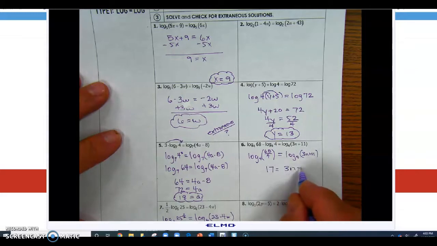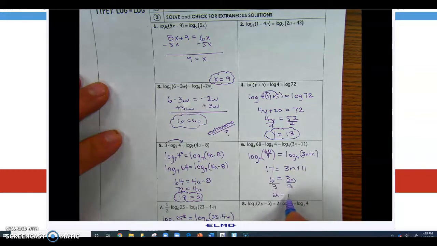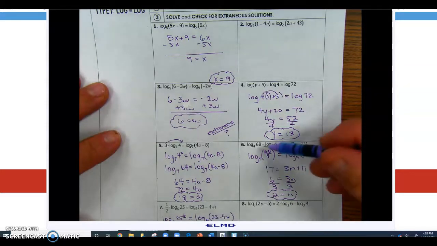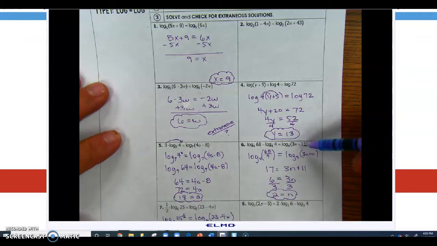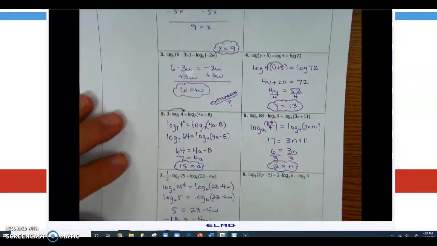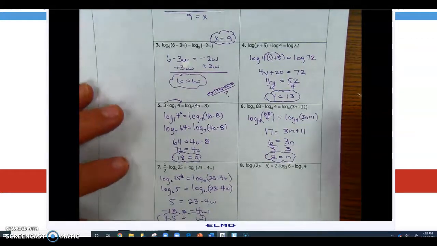And 3n plus 11. I dropped the logs. All right, subtract 11 from both sides. 6 equals 3n. Divide by 3. N equals 2. I guess I should plug it back in. That works. Plug it back into 6 plus 11 is 17. That works. Okay. I'm just checking all my answers to make sure none are extraneous.